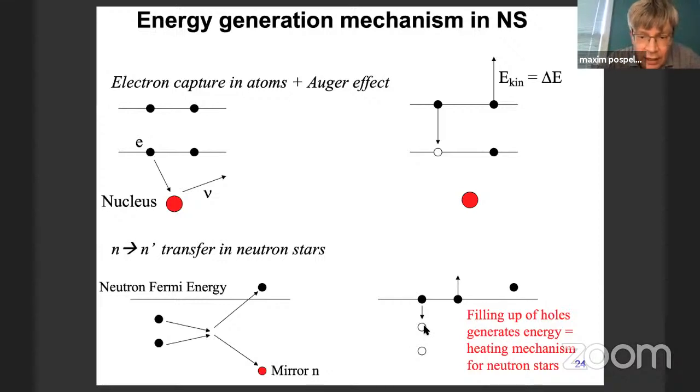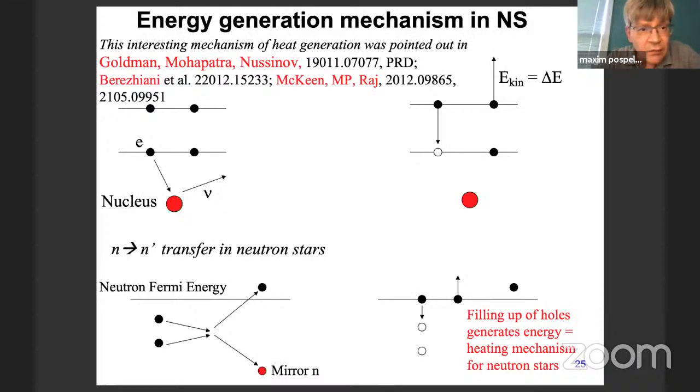And then you also created two holes in the place of the original neutrons that are being filled up by neutrons from above, and that generates energy, which provides a new potentially interesting heating mechanism for neutron stars. This mechanism was pointed out in a nice paper by Goldman, Mohapatra, and Nussinov, and also discussed by Berezhiani and collaborators and by us in these papers.